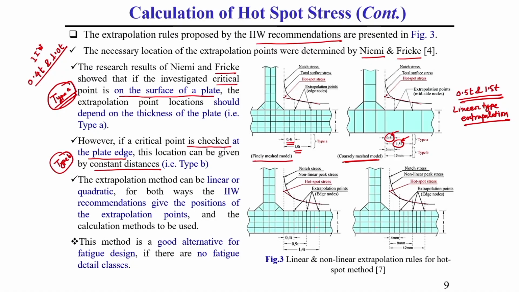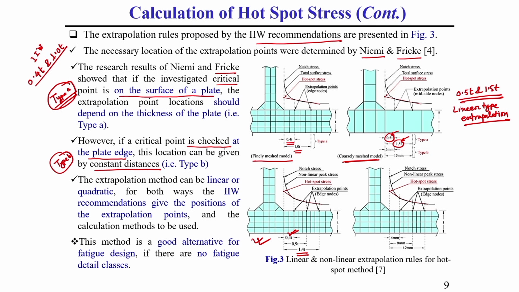For that, you see here I have shown figure 3. Here we have taken 3 points and we do the quadratic extrapolation, and based on this quadratic extrapolation we can find out the type A hotspot stress.